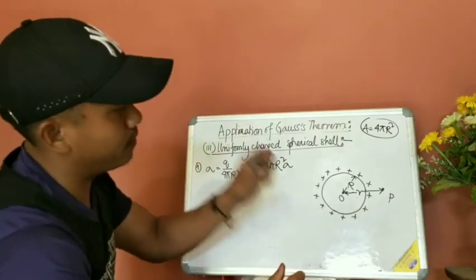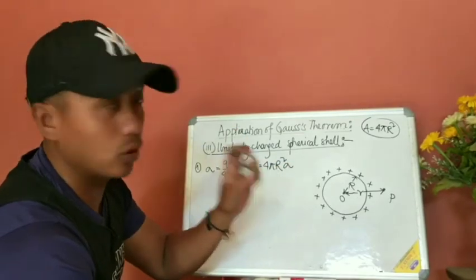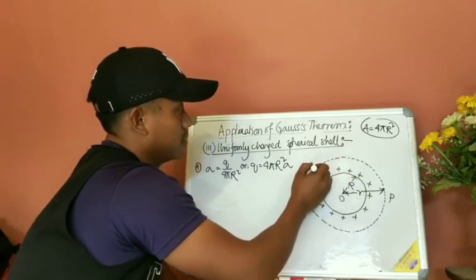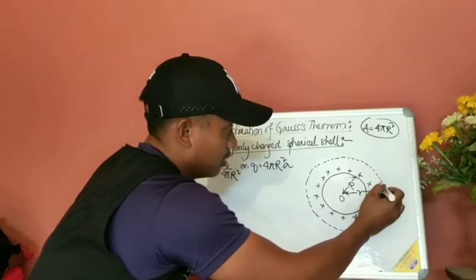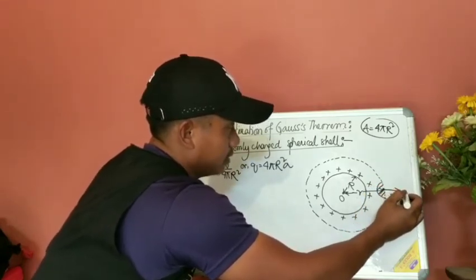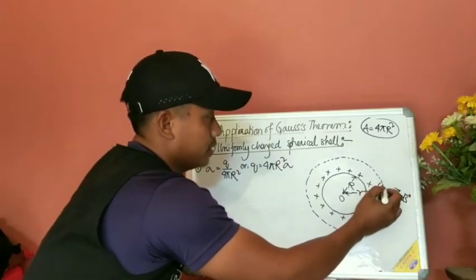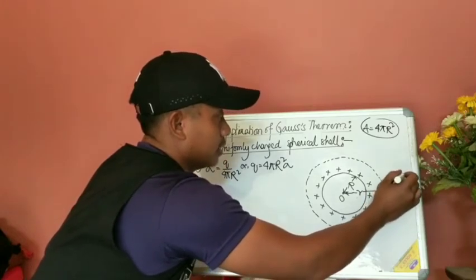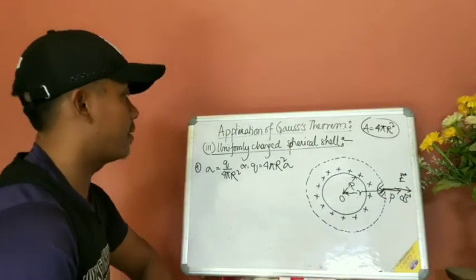In order to apply Gauss theorem, we usually draw a Gaussian surface. Then let us take a small area, area vector ds vector, and the electric field at this point will be in the same direction, E vector. Alright, then let us apply Gauss theorem.